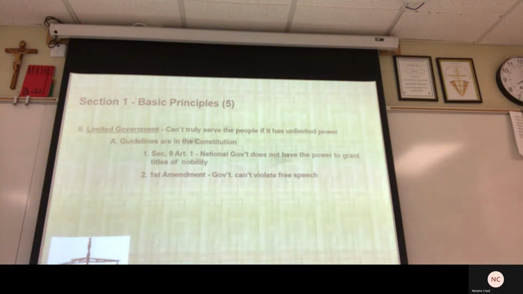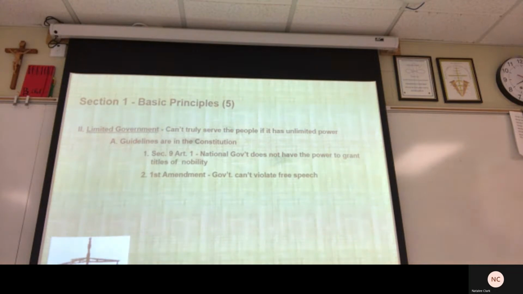Tomorrow they pass a law that says you can't smoke cigarettes until you're 22. Can they fine you for what you did yesterday when it wasn't a law? So that's an ex post facto law. That prevents government from making laws to go after people for something they did prior to the law being passed. Does that make sense? You can't do that.